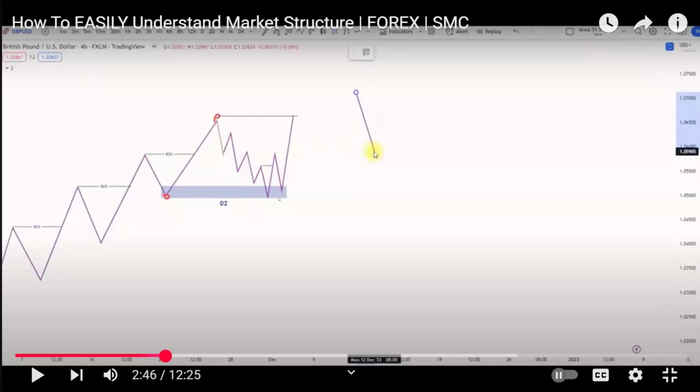Then you take your stop loss below this, because if you bring it here, the market can go all the way up and come back again and hit the support over here. So you bring your stop loss a little below it so that when it comes back, it doesn't hit your stop loss.